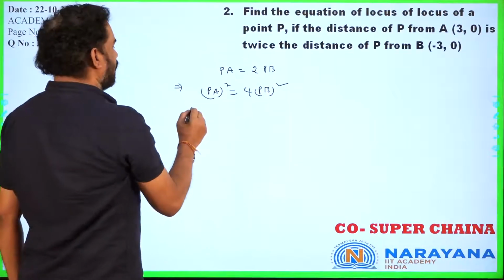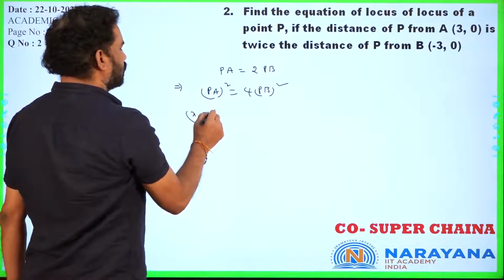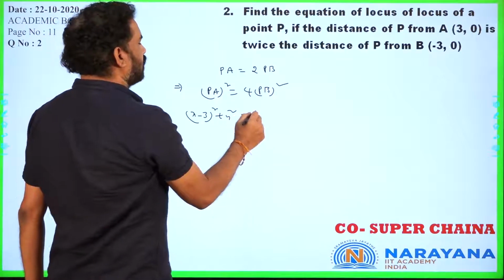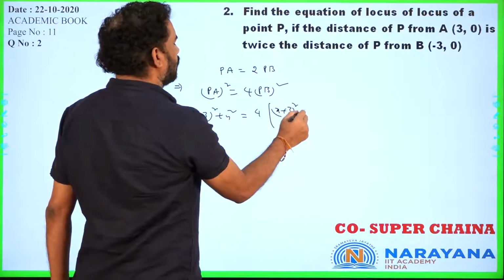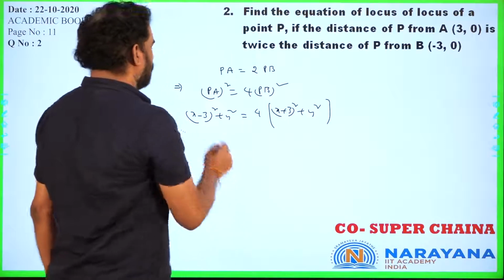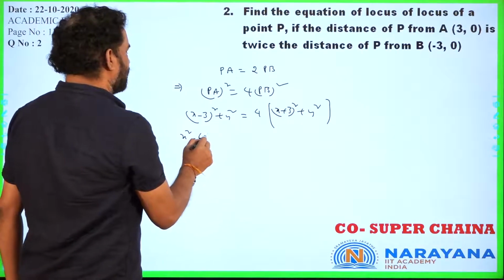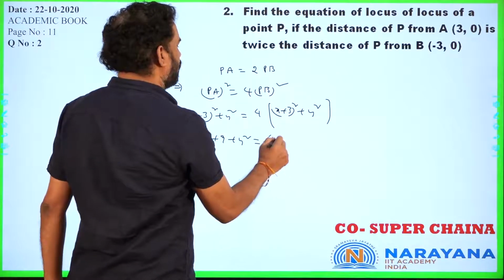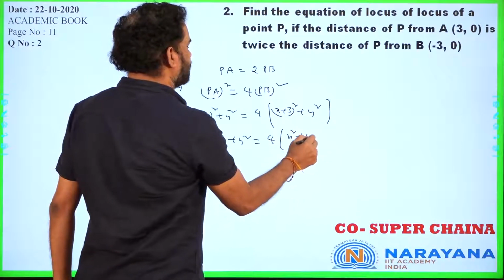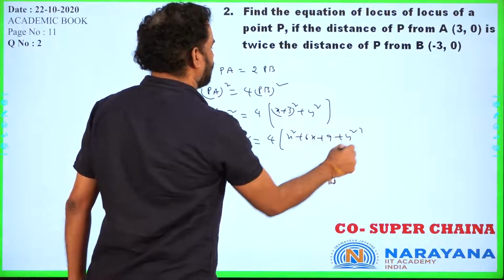PA square is (x minus 3) whole square plus y square, equal to 4 times PB square, which is (x plus 3) whole square plus y square. So x square minus 6x plus 9 plus y square equals 4 into (x square plus 6x plus 9 plus y square).